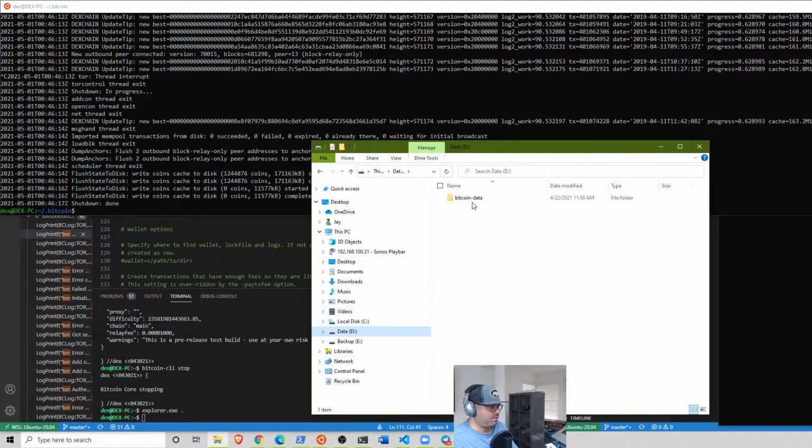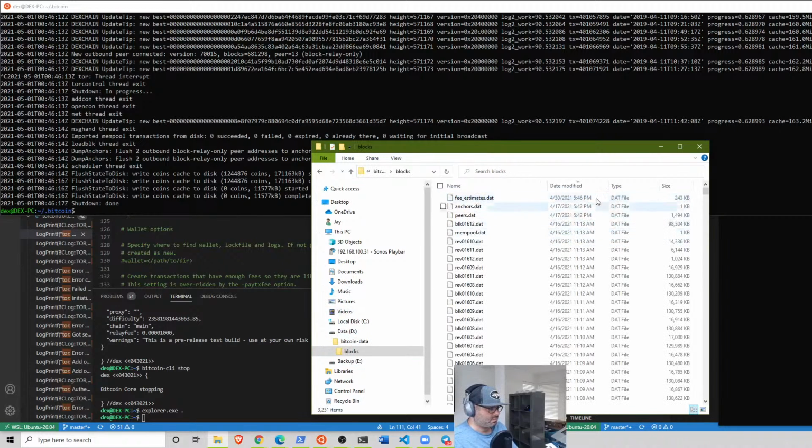Backup, Bitcoin data, blocks. Fee estimate, what the heck.